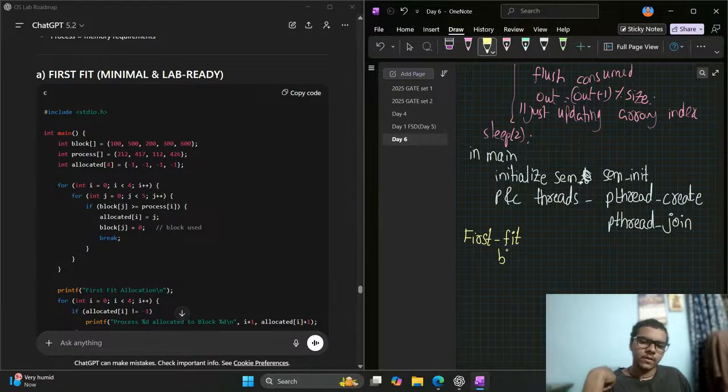Okay, block. Have a block array, have a process array, have an allocated array. Block sizes: 100, 500, 200, 300, 600.